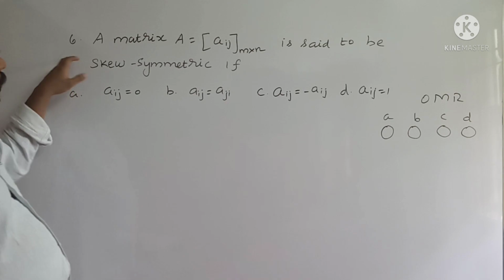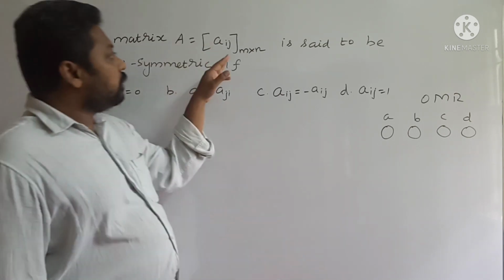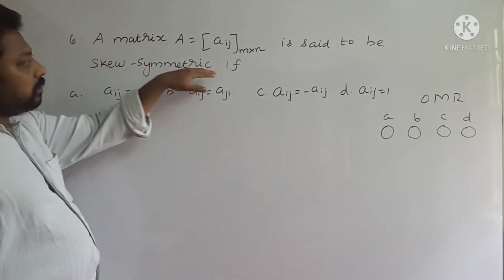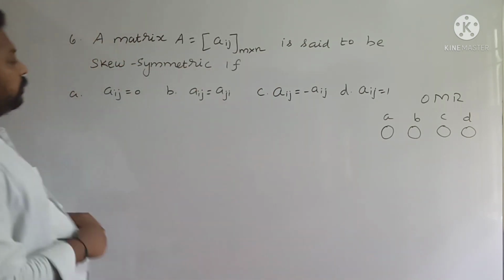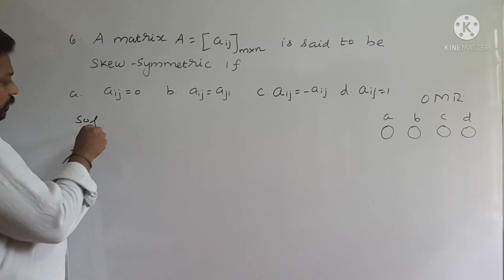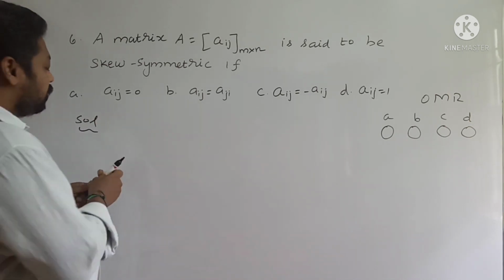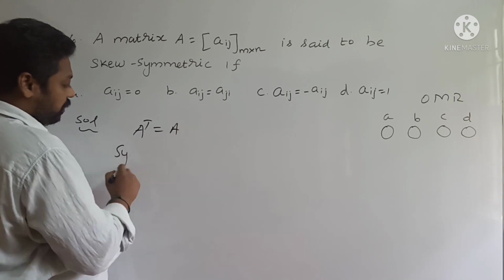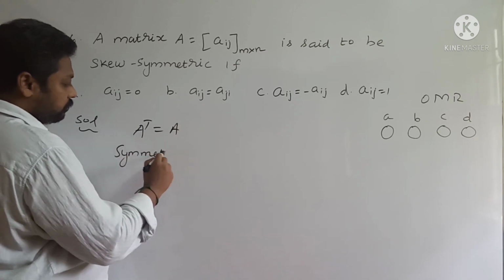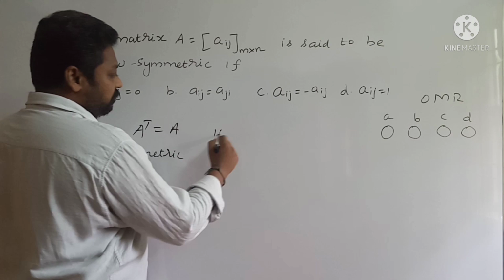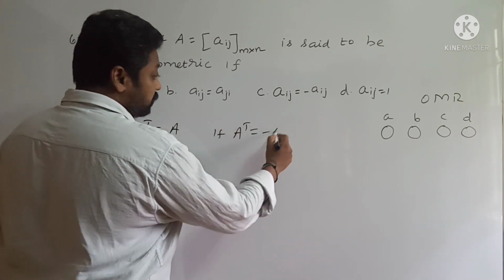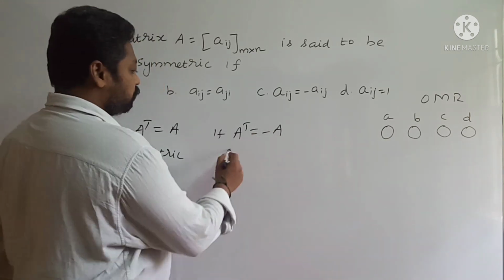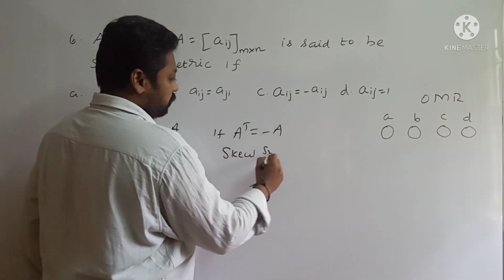Coming to the sixth one: a matrix A equal to [aij] of the order m by n is said to be a skew symmetric matrix if... So it is a direct question. What is a skew symmetric matrix? If A transpose equals A, it is symmetric. If A transpose is minus A, then it is skew symmetric.